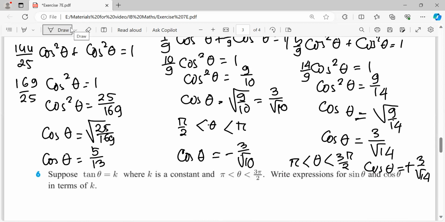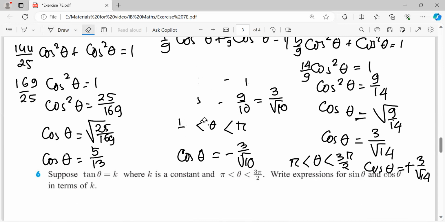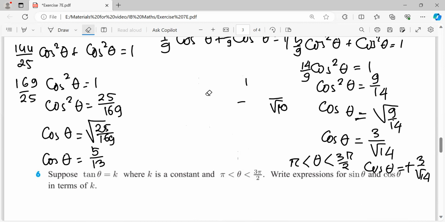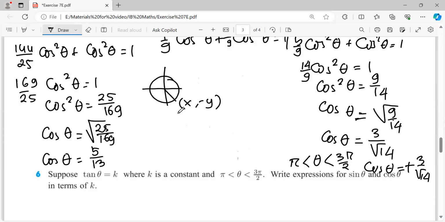In quadrant 4, the coordinate point is x comma negative y.